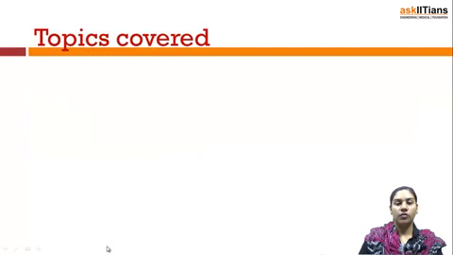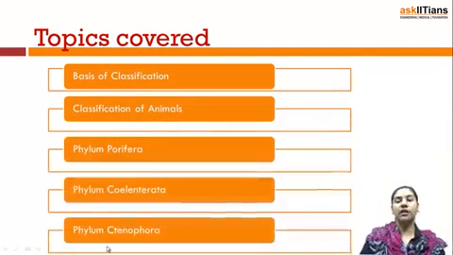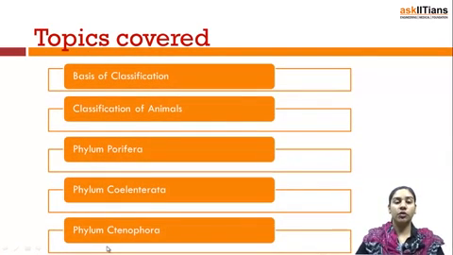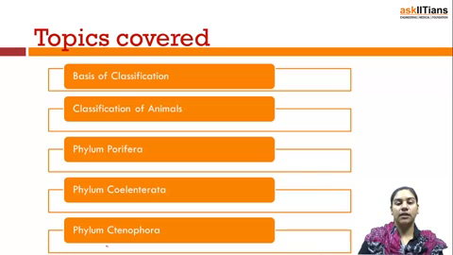So, the topics that we are going to cover include the basis of classification, in which we'll discuss all the various characteristic features on the basis of which the animal kingdom has been classified. And then I'll be giving you an overview of the classification of the animals. Then we'll discuss all the high-level groupings of the animal kingdom.